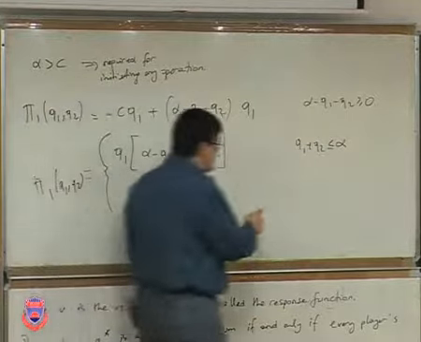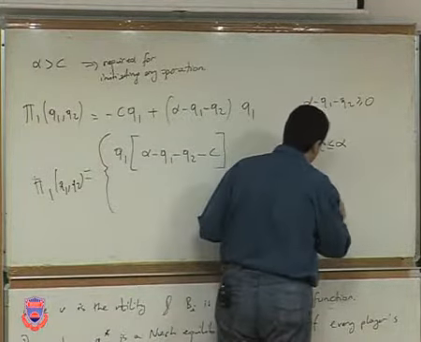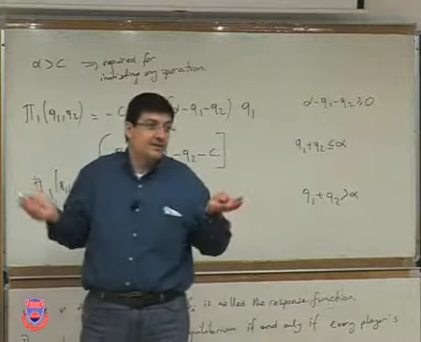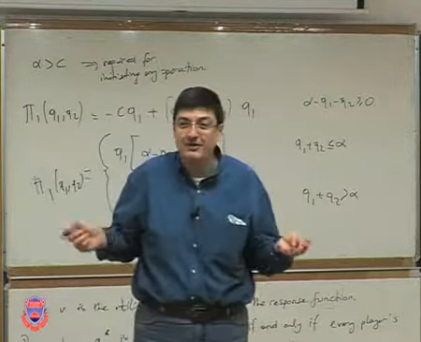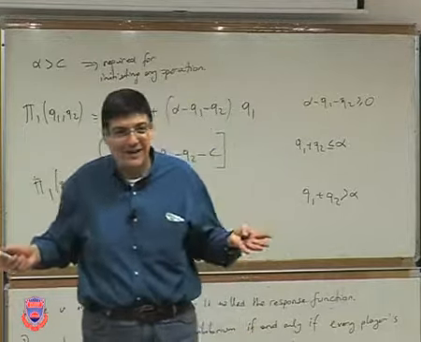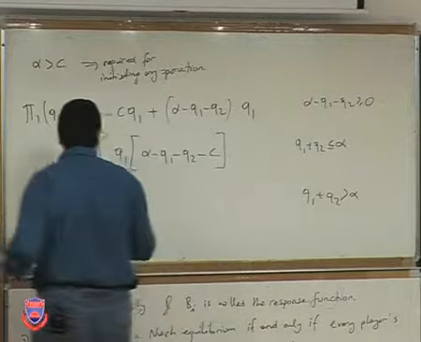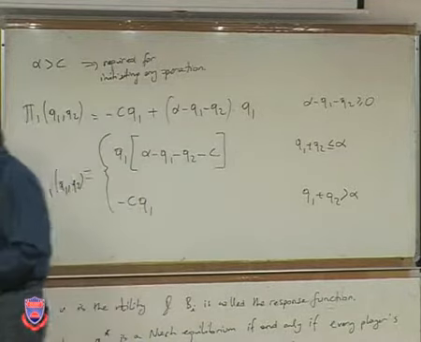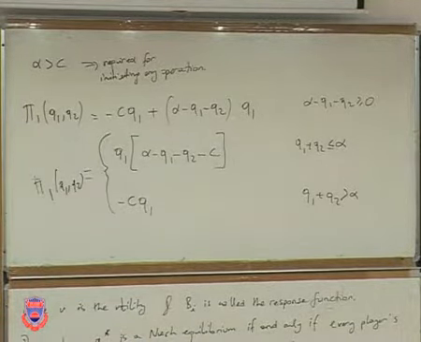And if this is not the case, if we have an oversupply in the market, then the item that we have manufactured is not going to have any value. So the profit is simply going to be minus C Q1. Okay? So this is basically my profit.